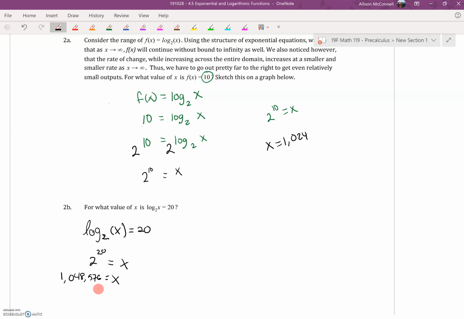It would be 20 minus 10 over 1048576 minus 1024. You can see that your average rate of change there, if we were to even calculate a slope, is just so small. Yeah, it would be about zero.